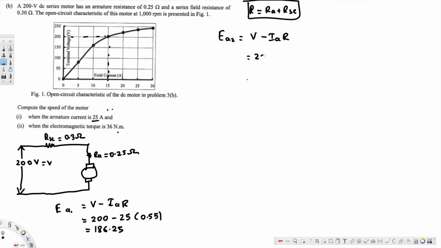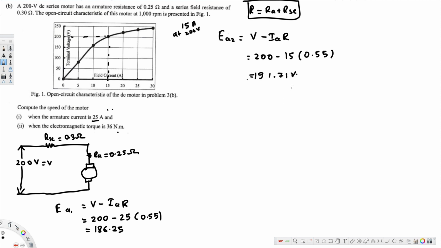V is the same, 200, minus IA, which is 15 ampere from the graph at 200 volt, times R, armature plus series, that is 0.55. If you calculate this value, it gives you 191.71 volt.